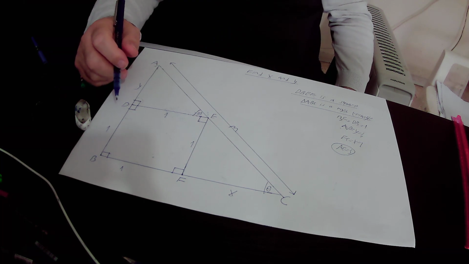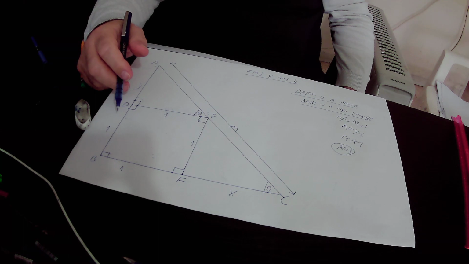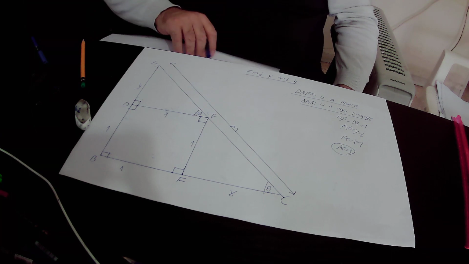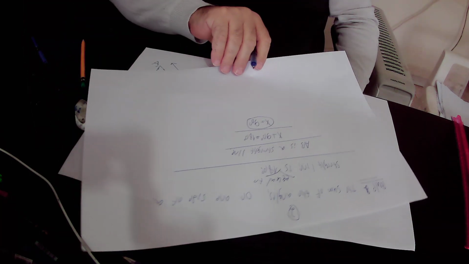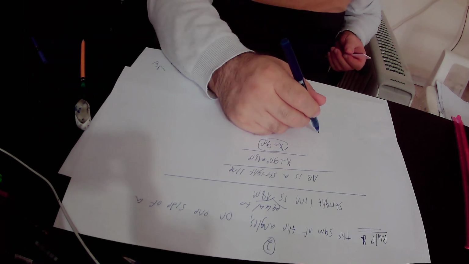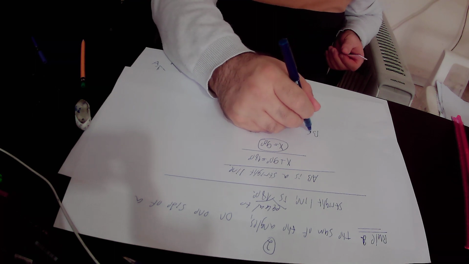Likewise, BC is one side of the right triangle, triangle ABC, therefore it is a straight line. We'll write down that BC is a straight line.